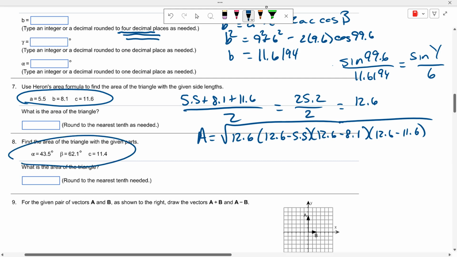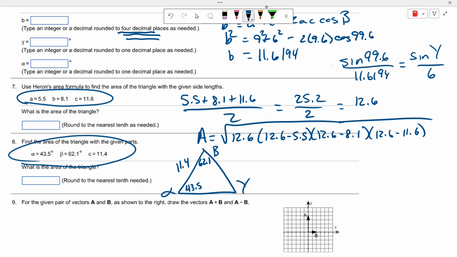Now, if you have this triangle, you draw it out and label it right away when you're finding an area. So this is 43.5, 62.1, and side C is 11.4. I have angle, side, angle. I need side, angle, side.